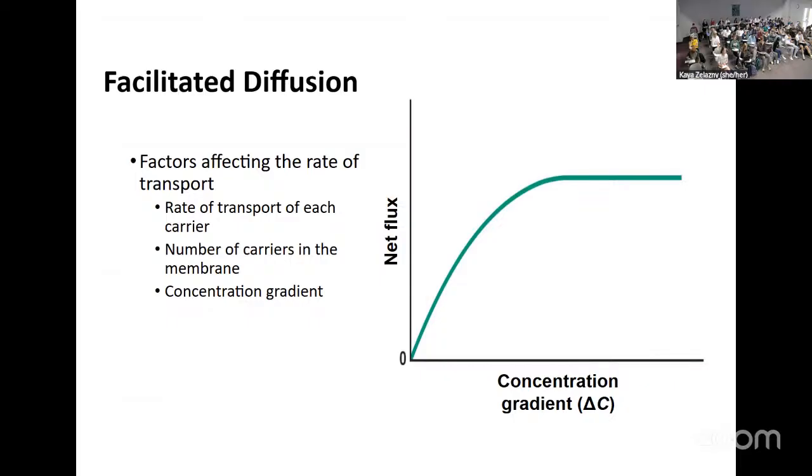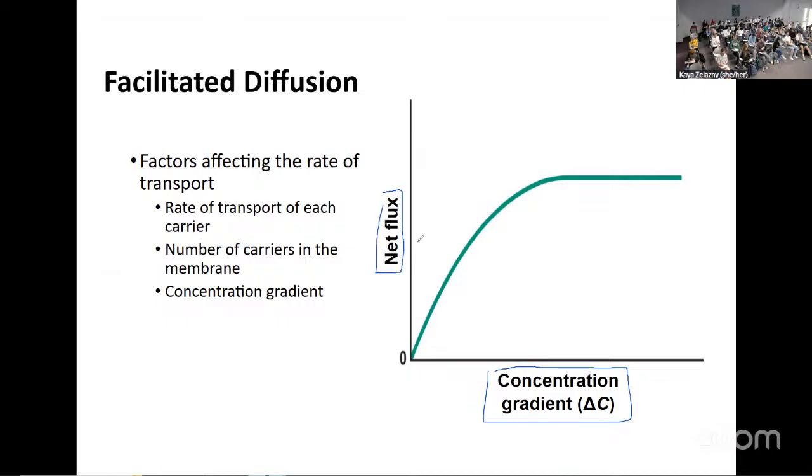So if we're thinking about our net flux, so the rate of movement essentially across this membrane, we do still see the concentration gradient having an effect, right? It's not that this doesn't matter, right? So concentration gradient is still here on our x-axis. We're still looking at our net movement, our net flux on the y-axis. And we can see that the concentration gradient, as it goes up, so lots of glucose outside the cell, only little inside the cell, has an effect, right?